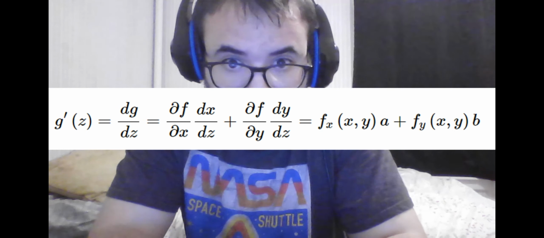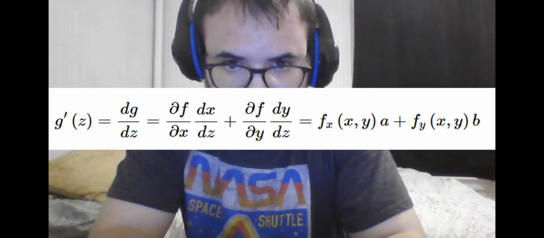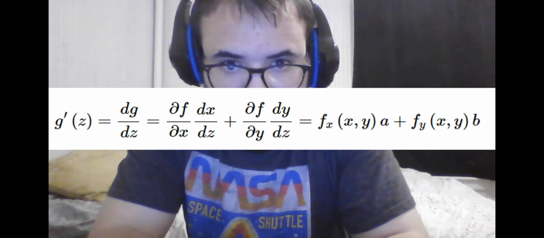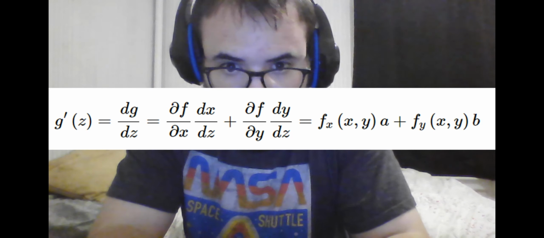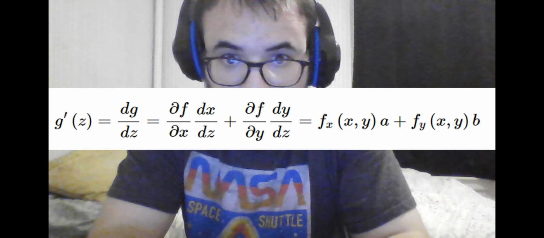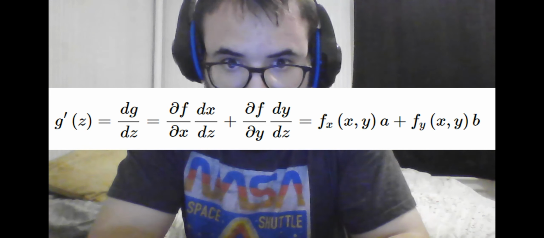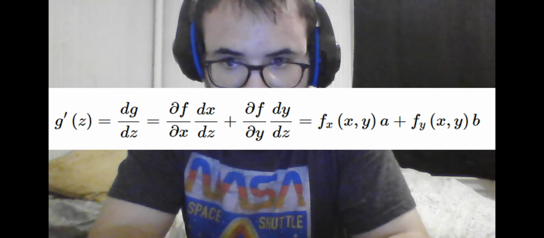We can compute the derivative of this using the chain rule, and seeing that a and b are the change in x relative to z and the change in y relative to z exactly. So we have the simplified formula using the notation for partial derivatives with the subscript of the variable you are taking the partial derivative of.